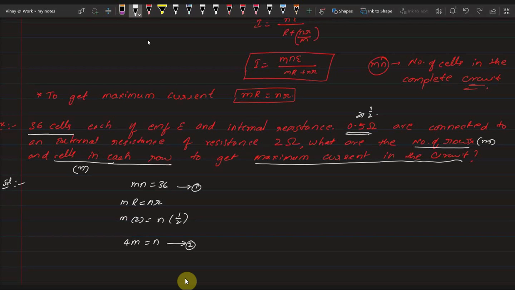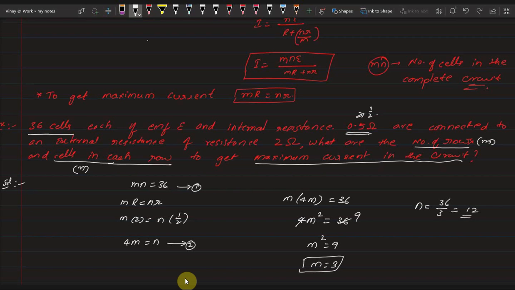Then substitute equation number 2 in equation number 1. In the place of n, I will substitute 4m, so m into 4m is equal to 36. Then 4m square is equal to 36. Cancel 4: 4 nines are 36. Then m square is equal to 9, or m is equal to 3. Now what is the value of n? n is equal to 36 by 3, that is equal to 12.